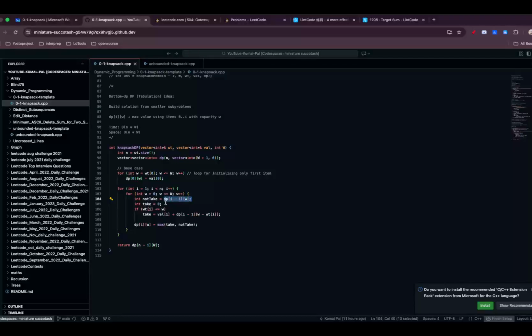And in the case of take, first we are checking the present weight, the weight in that array at that index. Is it less than or equal to the weight we are counting on? If that is the case, then we will be taking that value, the product ID, and adding it to whatever we have stored at this particular instance.